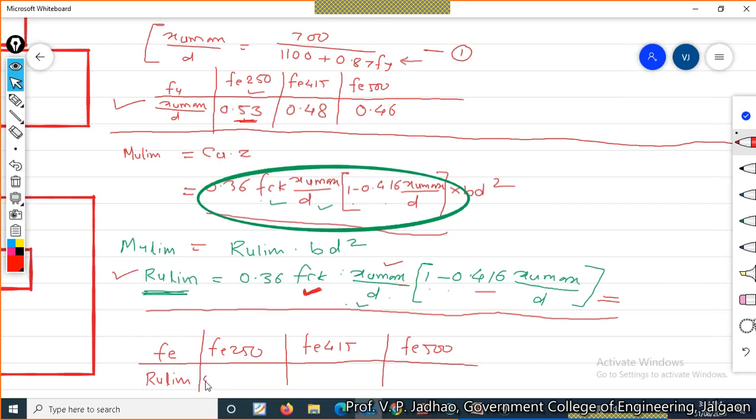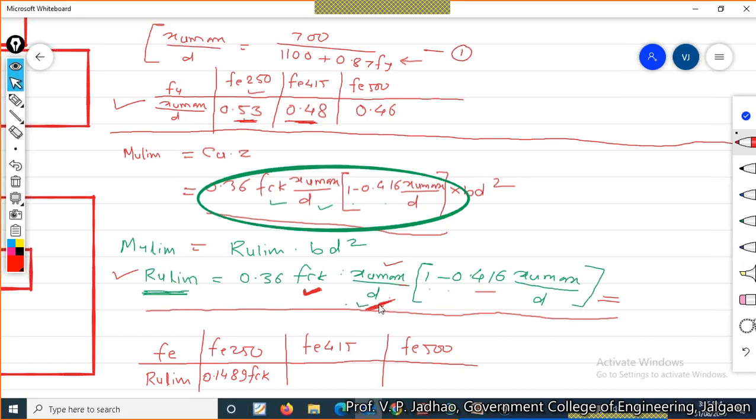Then we'll get the value of Ru limiting as 0.1489 into fck. Now for Fe 415, xu max upon d is equal to 0.48.